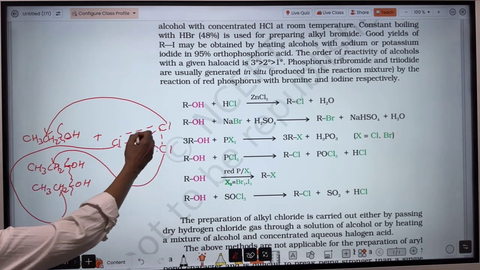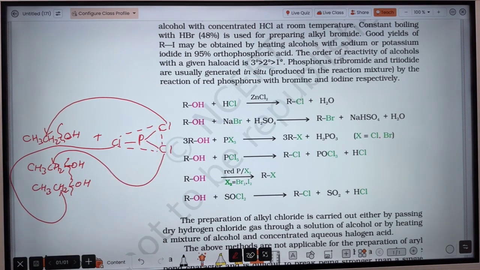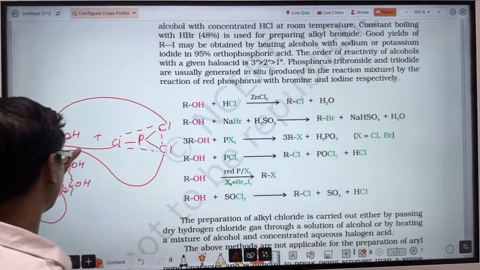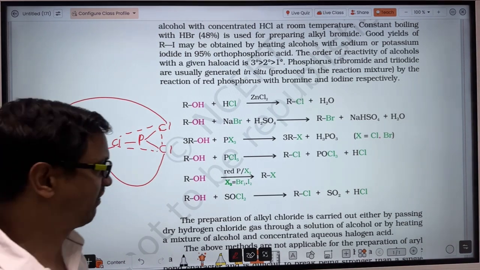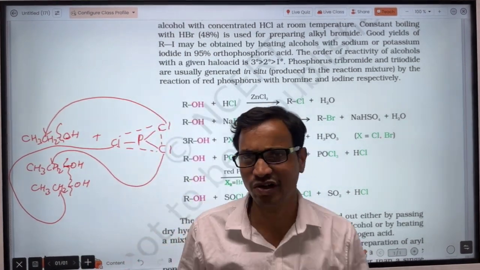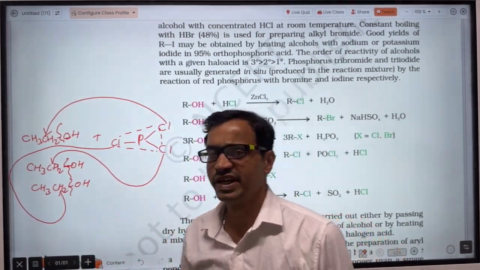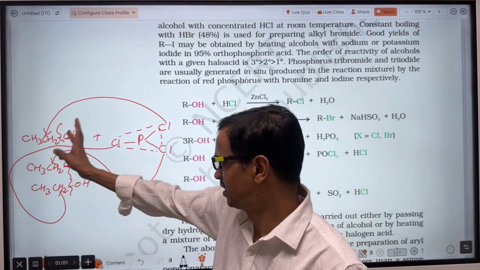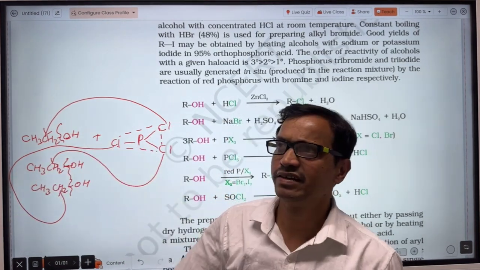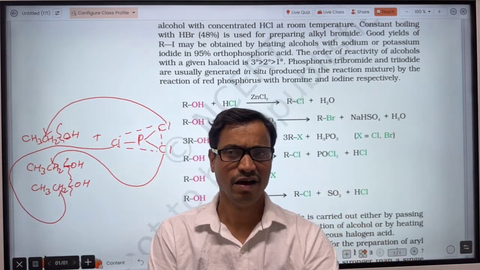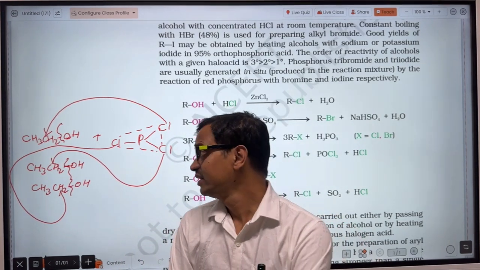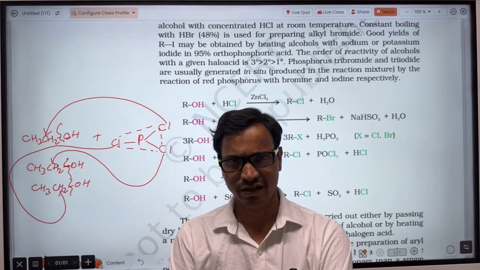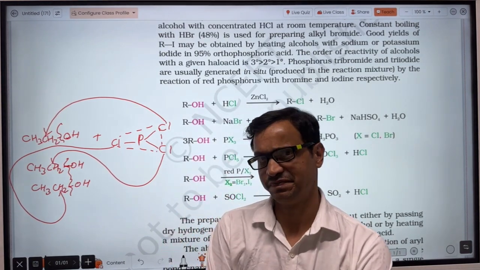In PCl3 there are 3 chlorine atoms, which will combine with the 3 alpha carbons of the alcohol molecules. That's why 3 OH will be released and they will combine with phosphorus.